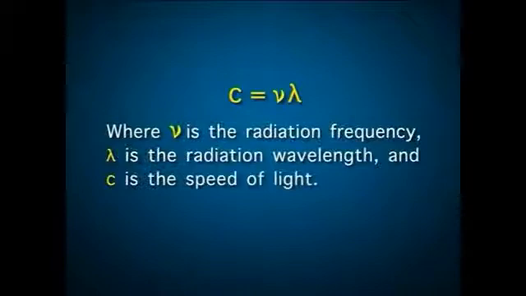The speed of light and every other radiation is dependent on the substance through which it travels and reaches a maximum in a vacuum. The speed of light is a constant of proportionality between frequency and wavelength as described by the following equation: c = νλ, where ν is the radiation frequency, λ is the radiation wavelength, and c is the speed of light.